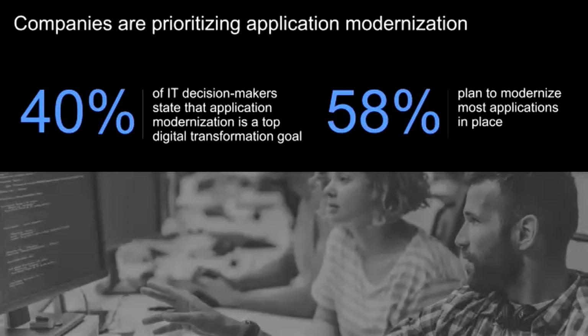What's interesting about this is how directly linked digital transformation and application modernization are for so many clients. And while the perception is often that modernization involves migrating an application to a public cloud, this study finds that more than 58% of organizations plan to at least start modernizing the application in place.